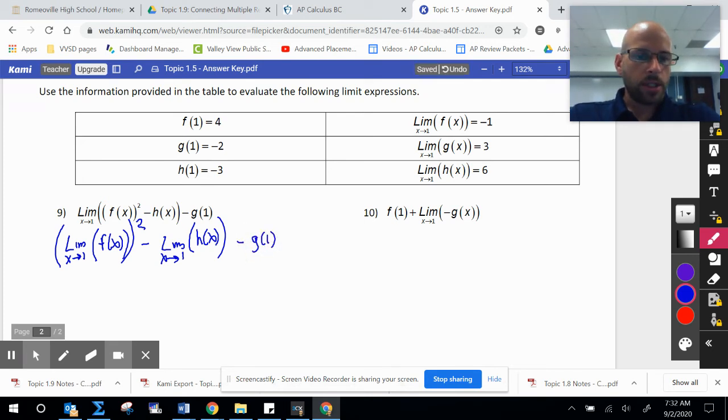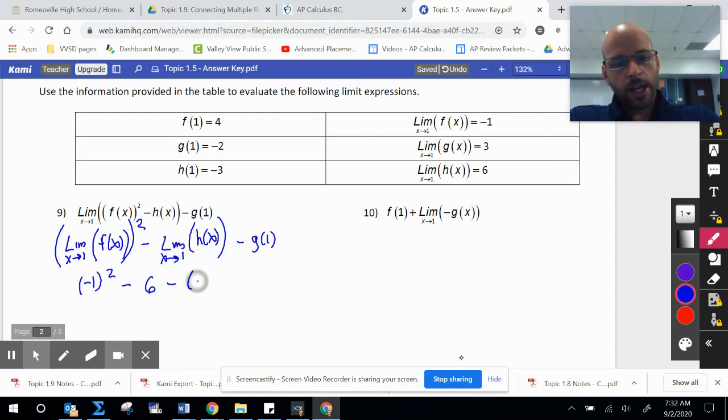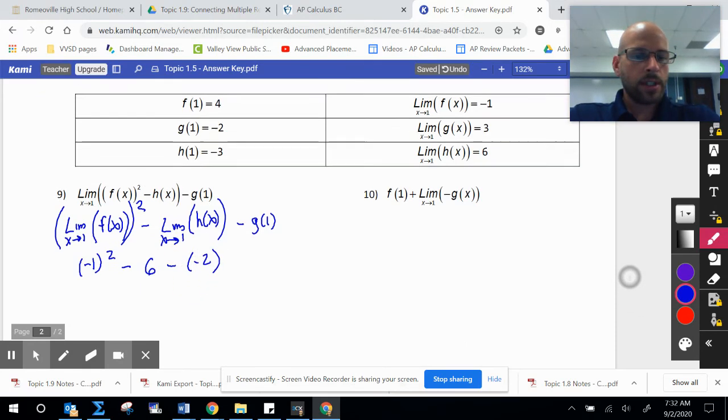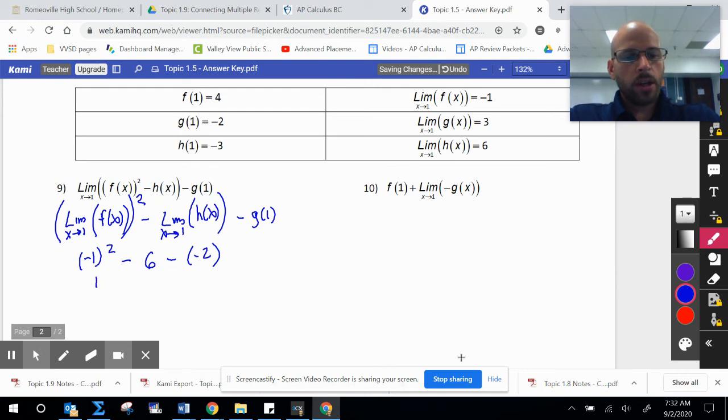So we're going to use the information from the table. So as x approaches 1 of f is -1 squared, minus h as x approaches 1 is 6, minus g of 1 is a -2. Be careful with your negatives here. So I have 1 minus 6 plus 2, which will give me 1 minus 6 is a -5, plus 2 is a -3.